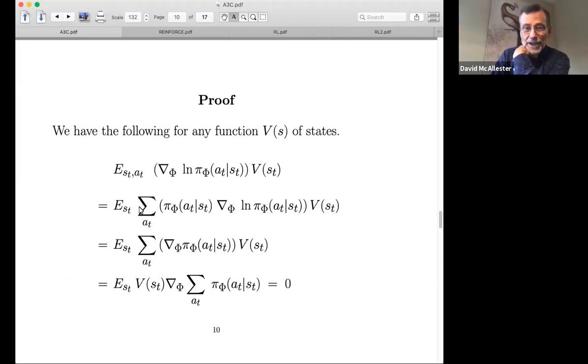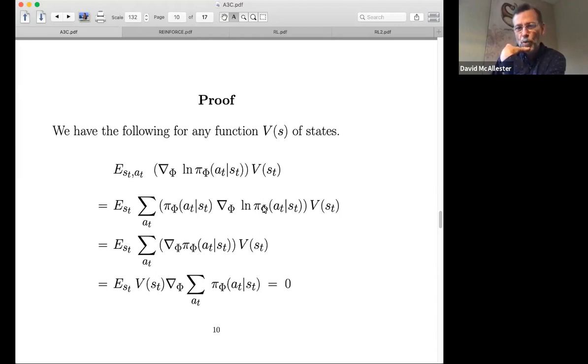This expectation involves a sum over A of drawing A according to the policy times this term times this function that does not depend on A. So I can pull this value out of the sum over A. The first step transition here is to take this gradient.